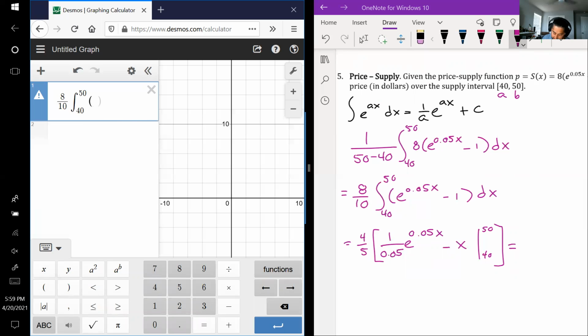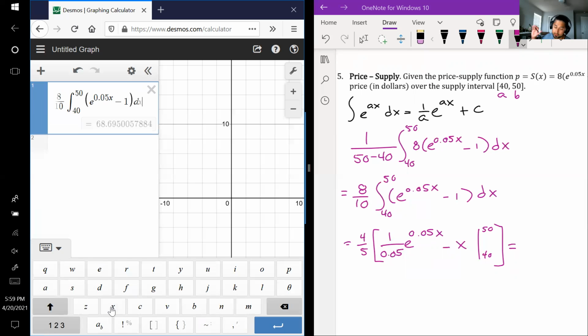And then parentheses, e raised to the 0.05x minus 1 with respect to x. And there it is. We get 68.69, 68.70. There's that 5 right after. And done. And that is going to be our average price.